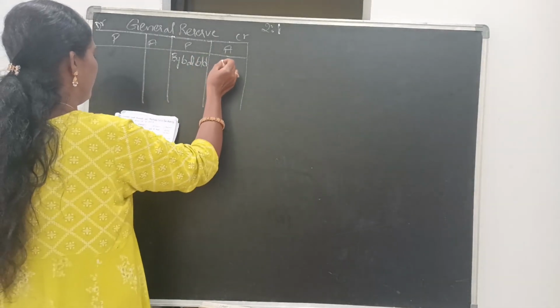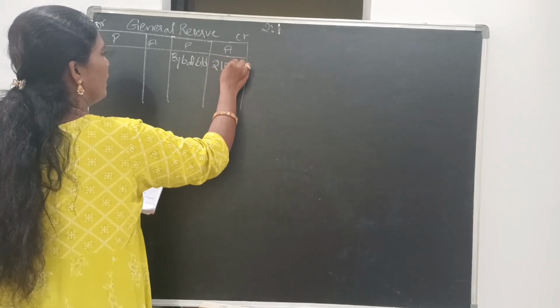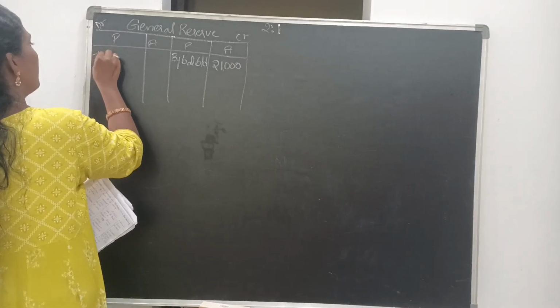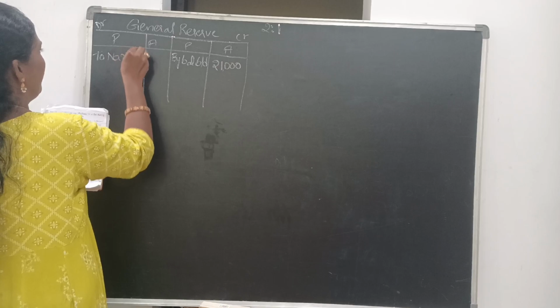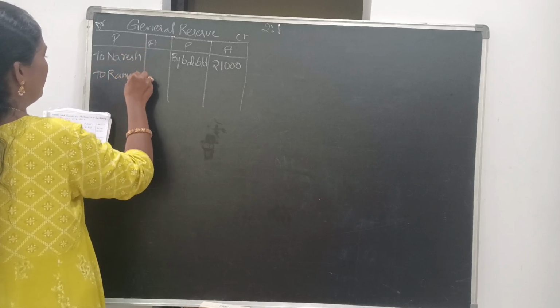What is the amount of general reserve? 21,000. Now this amount we need to distribute among Naresh and Ramesh capital accounts.